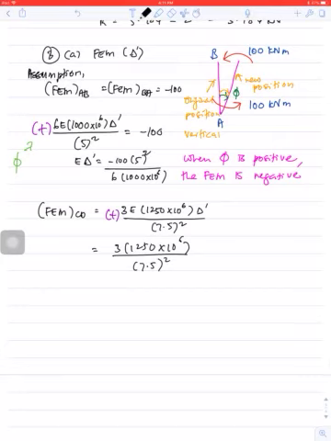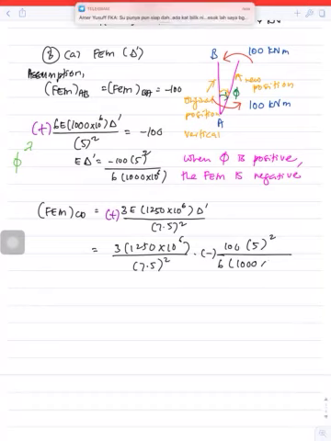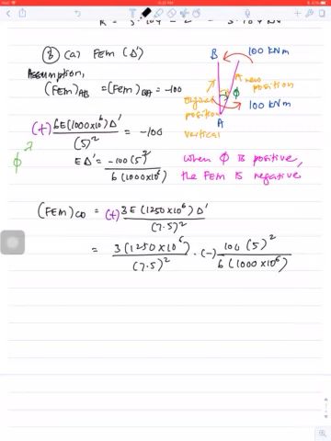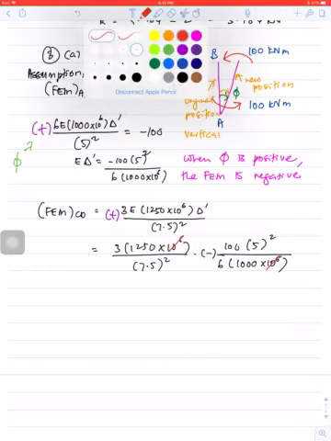E delta prime is negative 100 times 5 squared divided by 6 times 1000 exponent 6. So we cancel this, and we solve this.